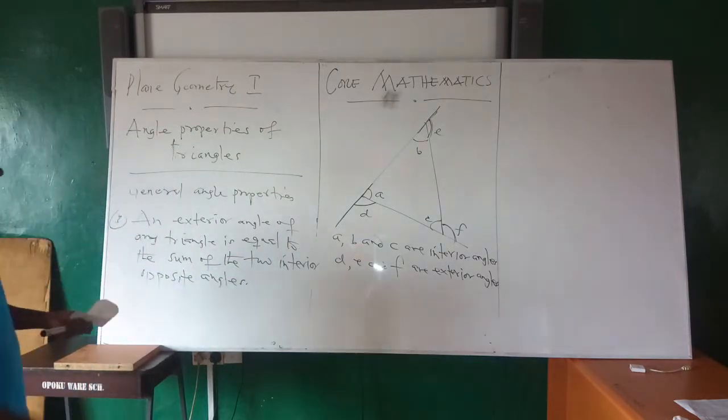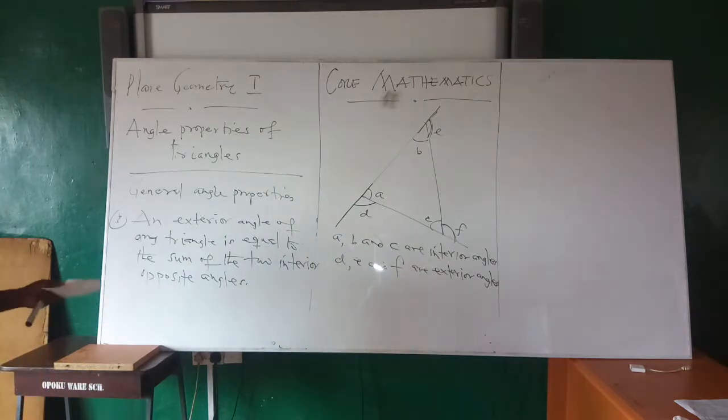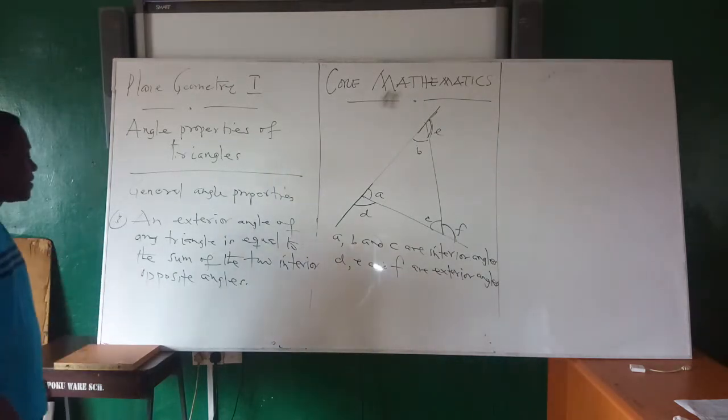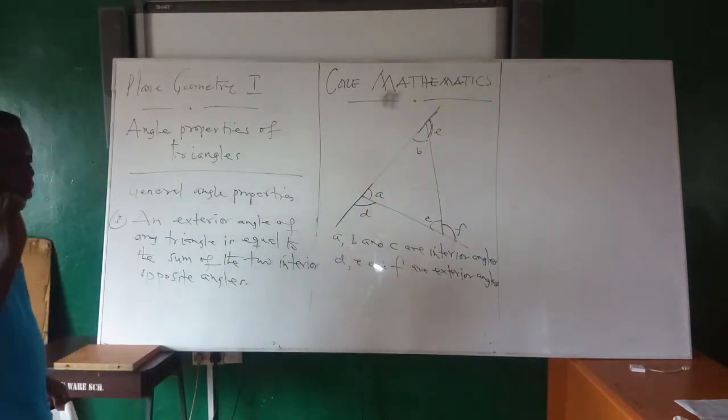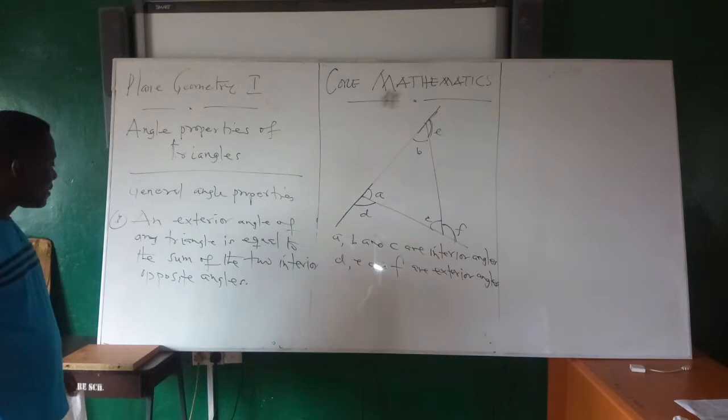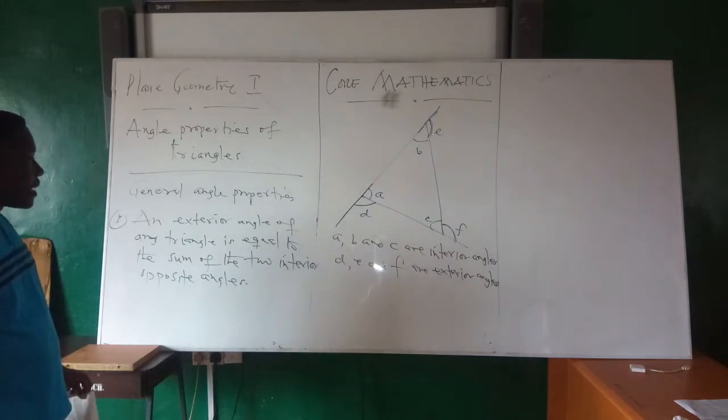Very, very important. An exterior angle of any triangle is equal to the sum of the two interior opposite angles. Now the two interior opposite angles is interesting.